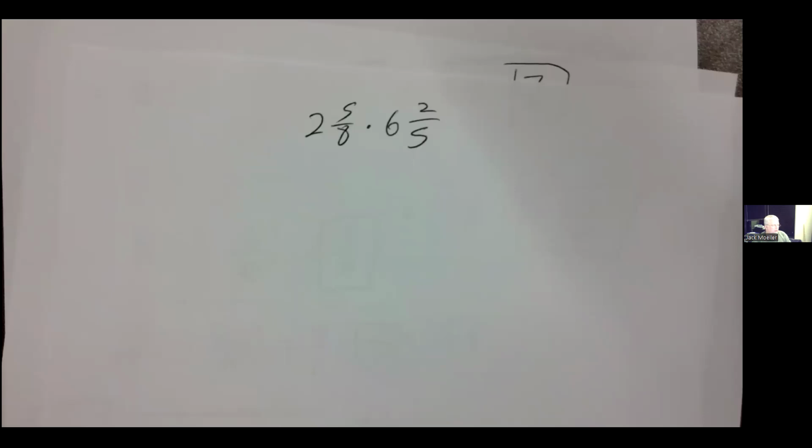It is more complicated than that. The reason being that's 2 plus 5/8 and 6 plus 2/5. If you wanted to do it that way without improper fractions, you'd actually have to FOIL it. If you know what that means, great. If not, we'll talk about that later in the semester briefly. But basically, if you're multiplying mixed numbers, you have to change them to improper fractions first.